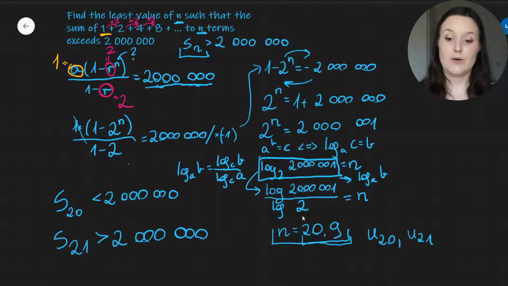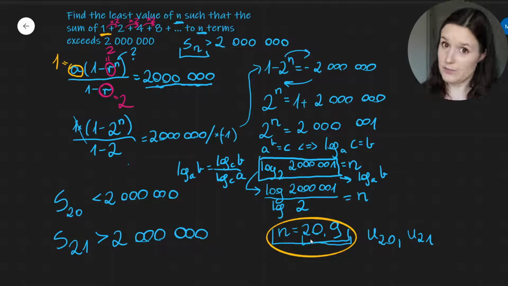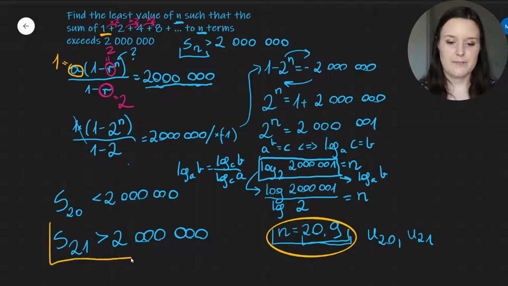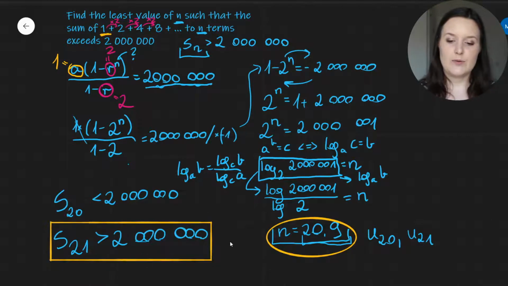Okay? So if our n was 20.9, and we know that n cannot be 20.9 per se, that means we have to take the number of terms right after 20.9, which is 21. So we know that the answer is n is equal to 21.